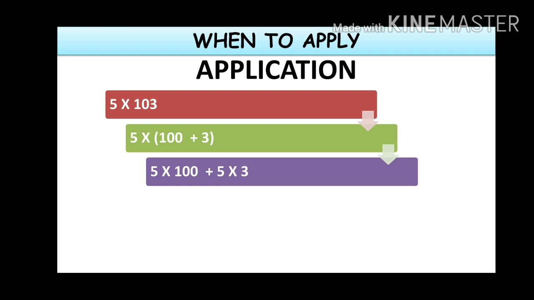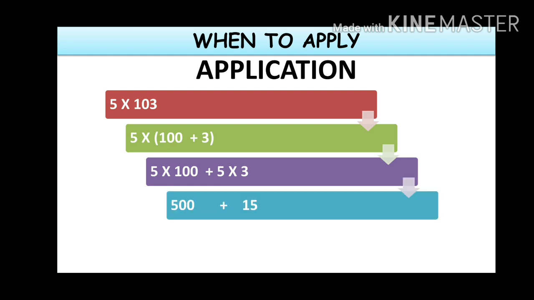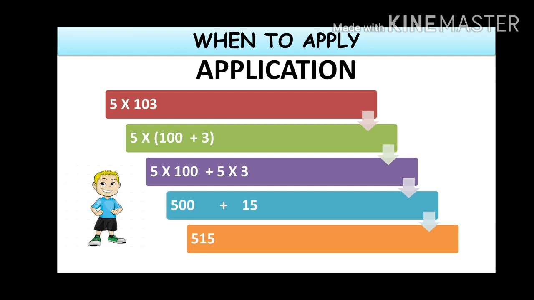So 5 should be multiplied with 100, so we'll get 500. Again 5 should be multiplied with 3. We'll get 15. So that becomes 500 plus 15, 515. So we've seen we are using the distributive property. So 103 we have expanded, becomes 100 plus 3. As both are being multiplied by 5, we get 500 plus 15, 515.